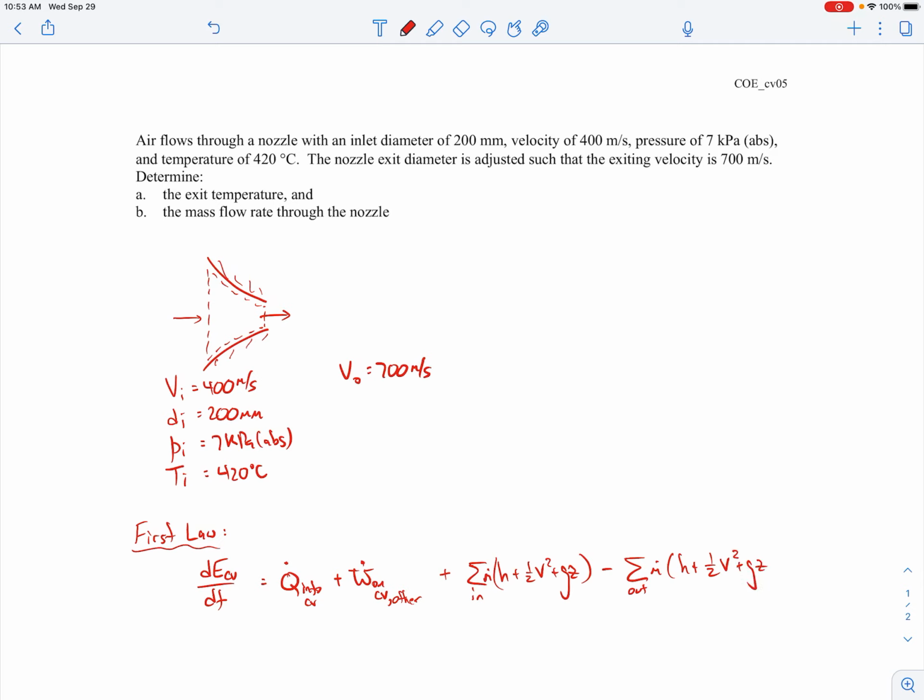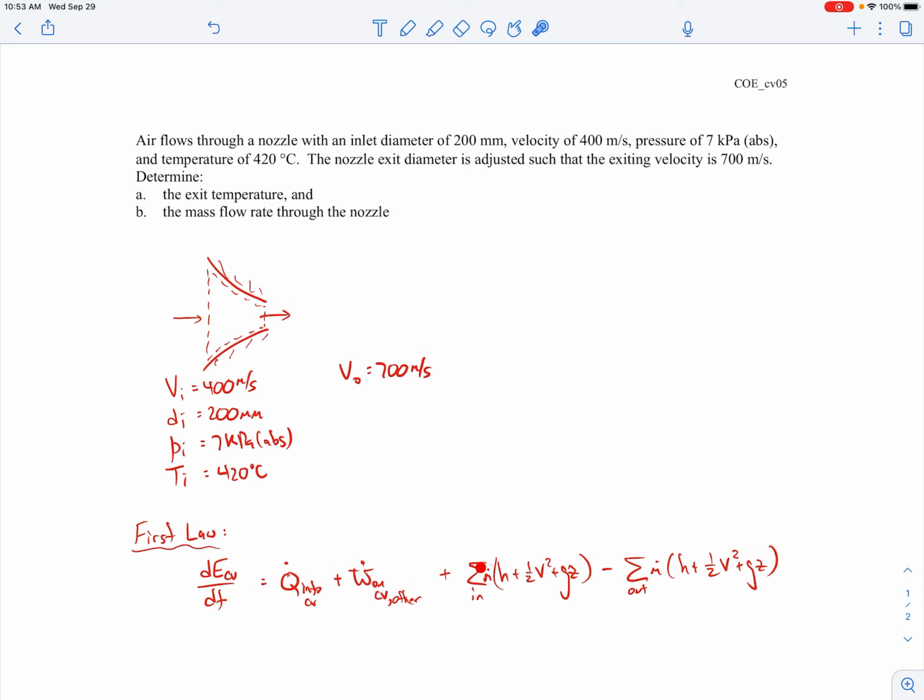And just a reminder of what each of these terms represents. This is the time rate of change of total energy within the control volume, so that's inside the dashed line here. This is the heat transfer coming into the control volume from the surroundings. This is the work done on the control volume. By the way, this is the rate of heat transfer, and this is the rate at which work is being done on the control volume by everything other than boundary work or pressure work.